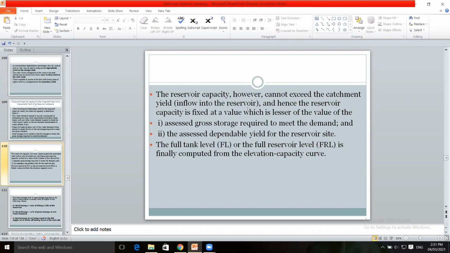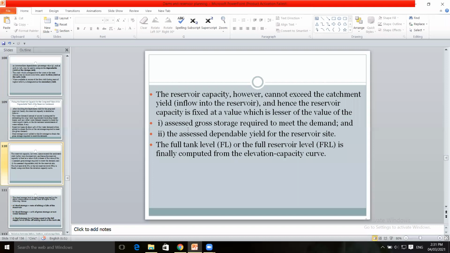And hence the reservoir capacity is fixed at a value which is determined by the less of the values of these two.